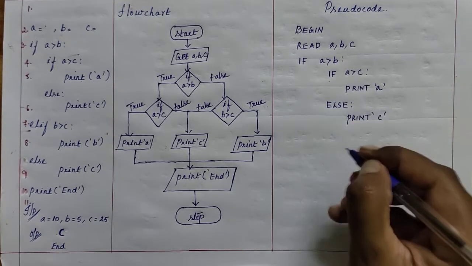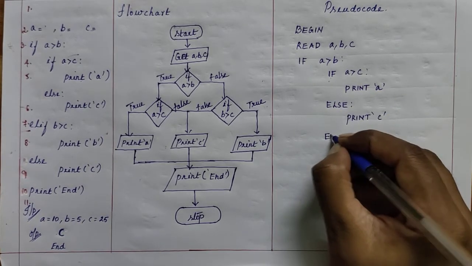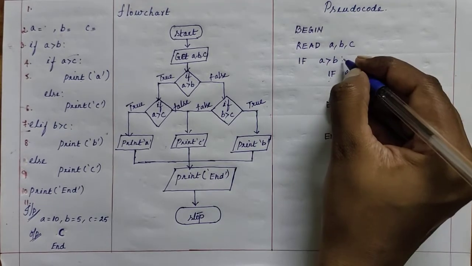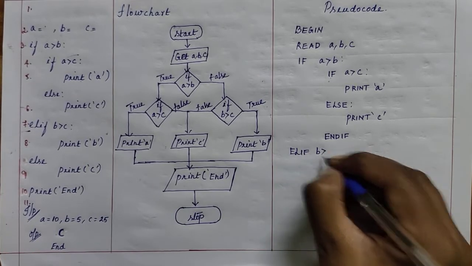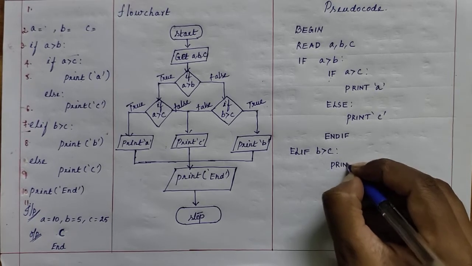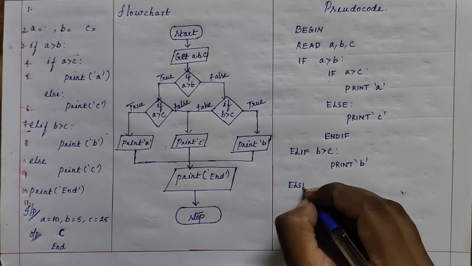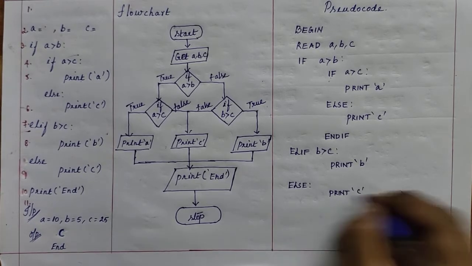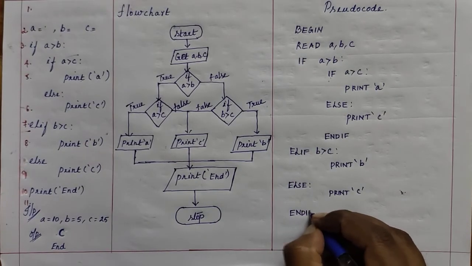Since this is a multi-line structure, for the if-else here you have to write END IF. Next, if this condition is wrong, we write IF b is greater than c, then PRINT b, ELSE PRINT c, and then you have to end this with END IF.